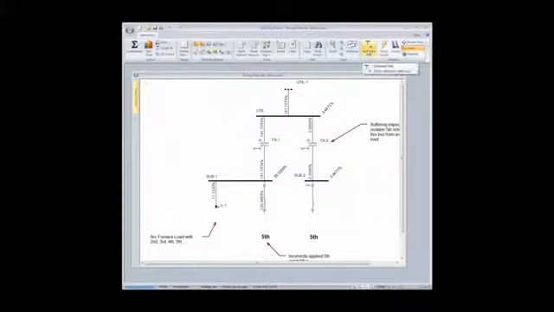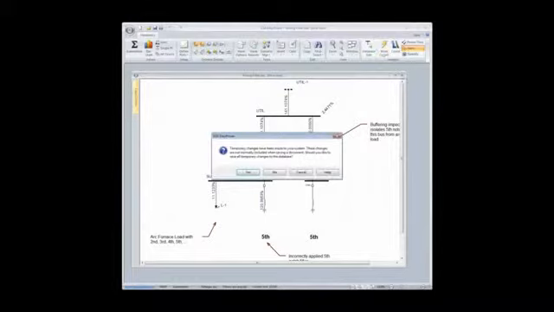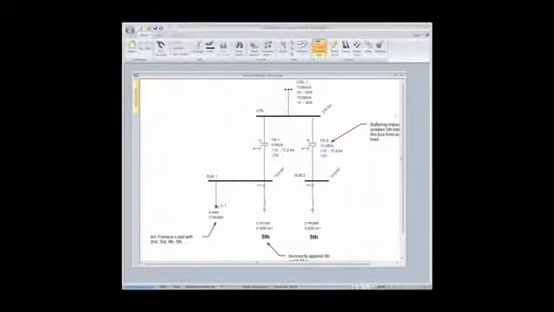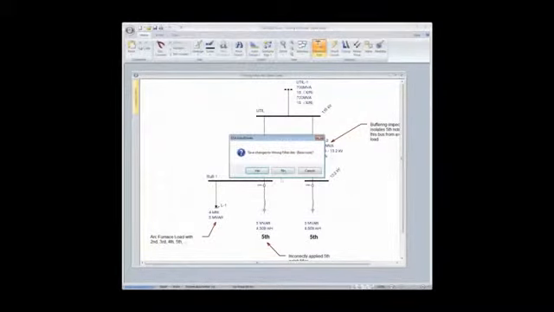Now, one of the key things that we're going to be using in all harmonic analysis is the driving point impedance scan. So let me close off this case, and I want to load a new case now.